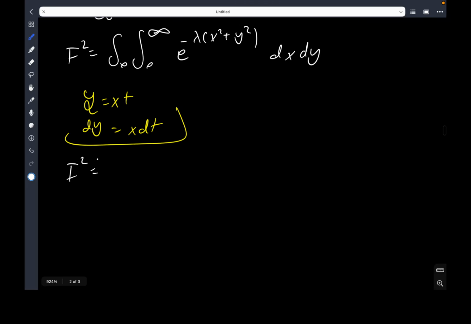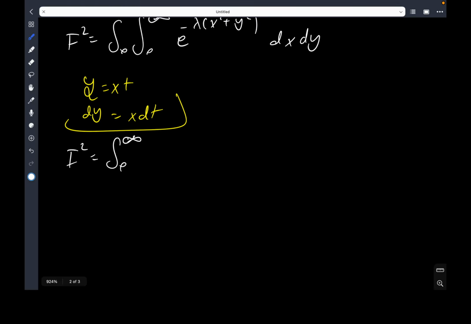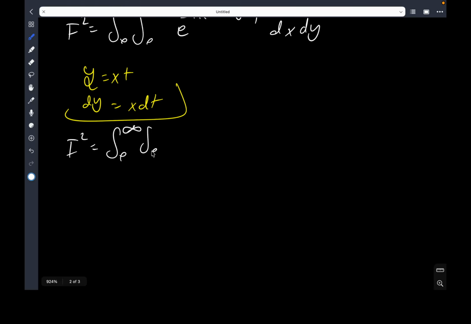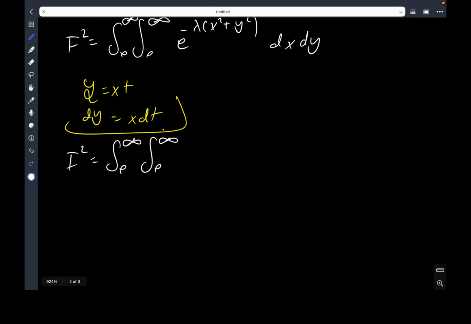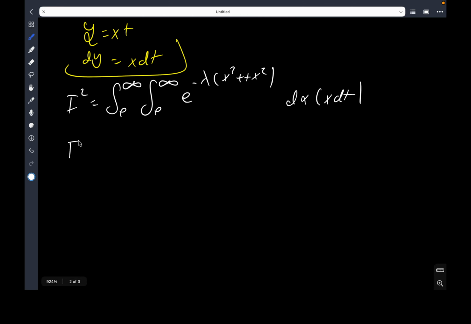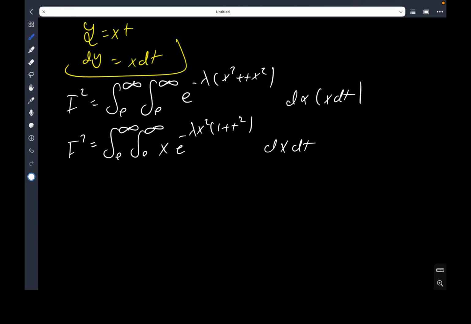I squared is the integral from 0 to infinity of e to the negative lambda (x squared plus t squared x squared) dx x dt. I'm going to write this integral again: x e to the negative lambda x squared (1 plus t squared) dx dt.